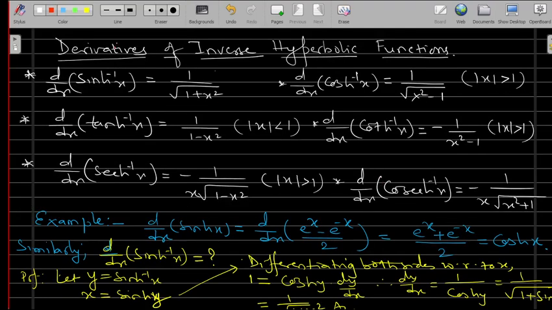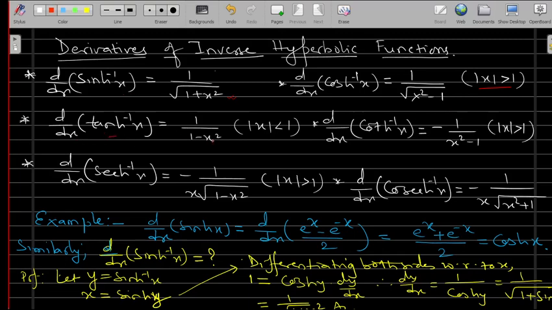Now, derivative of inverse hyperbolic function. Derivative of sinh inverse x is 1 over root under 1 plus x square. Similarly, cosh inverse is 1 over root under x square minus 1, where mod x is greater than 1.